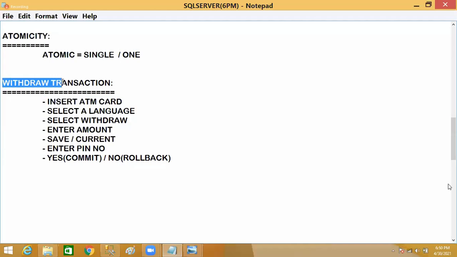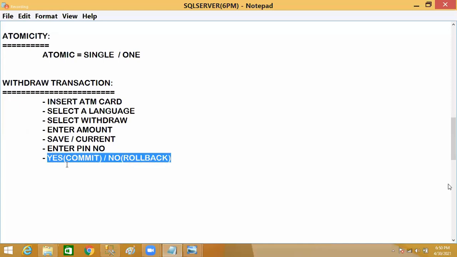There is only one transaction, but within this one transaction we are performing some internal operations. Those internal operations are not treated as transactions; they are just sub-operations. The main transaction operation is withdraw. All these internal operations are taken as one transaction, and that one transaction may be yes, success, or no, cancel.